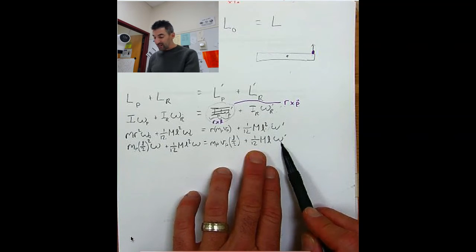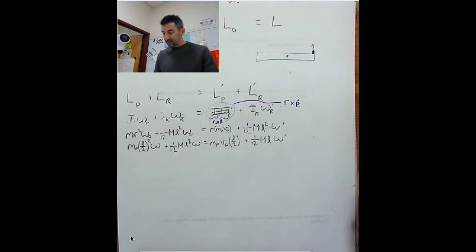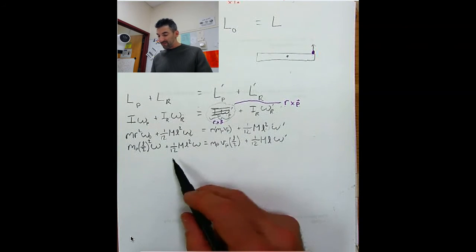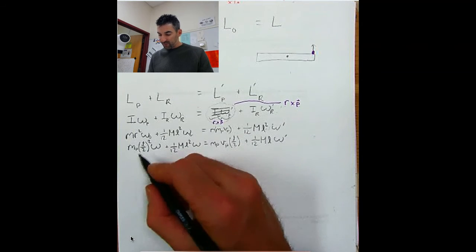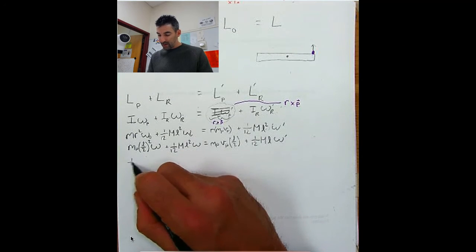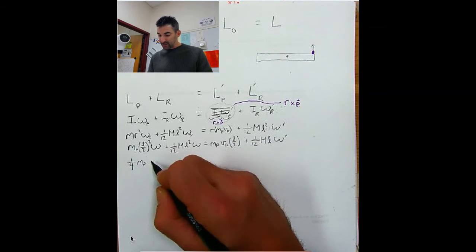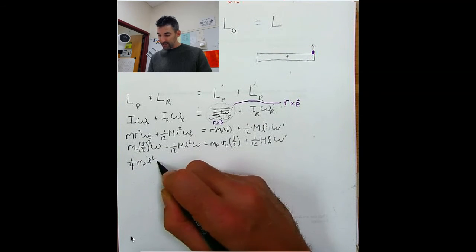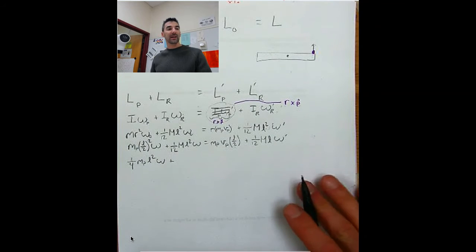So now from here we can start hopefully subbing some things in. My momentum beforehand, I have L squared over 4, so I'm going to say 1/4 mass of the particle times L squared times omega. Plus, now I want to start simplifying terms.